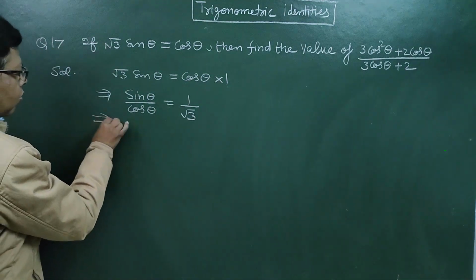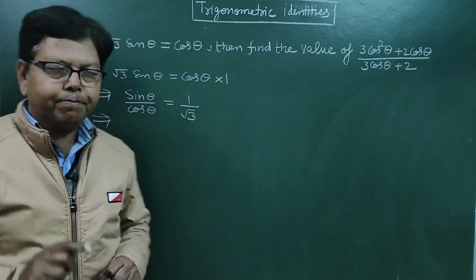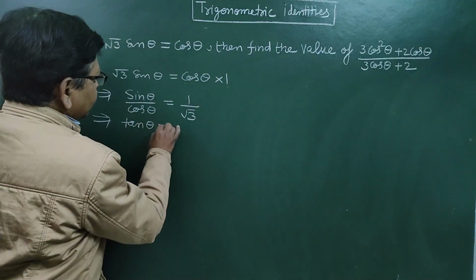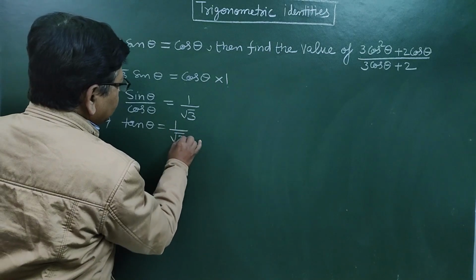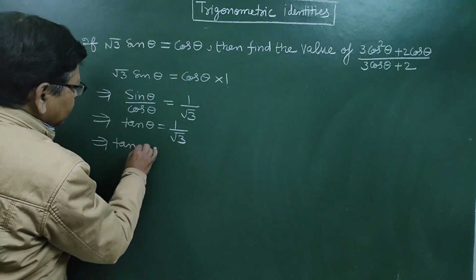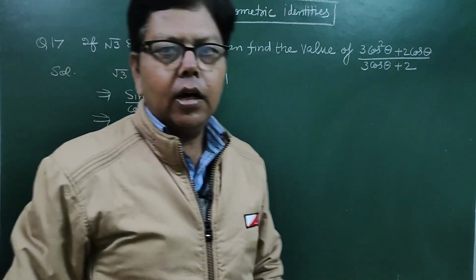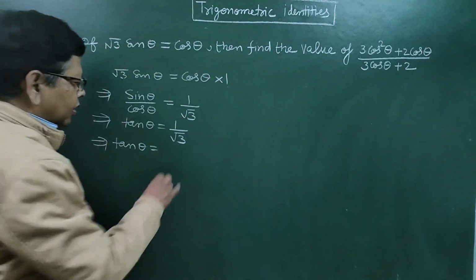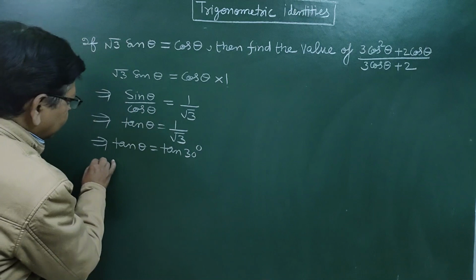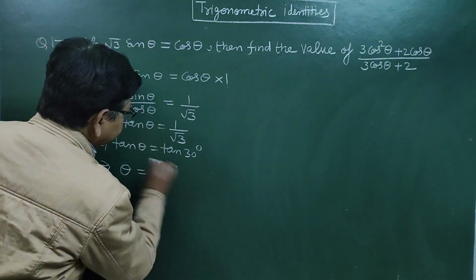Sin theta upon cos theta, as you all know, is equal to tan theta. So this implies that tan theta is equal to 1 upon root 3. And students, in tangent, which angle has the value 1 upon root 3? Tan 30 degree. So we can say that the angle theta is equal to 30 degree.